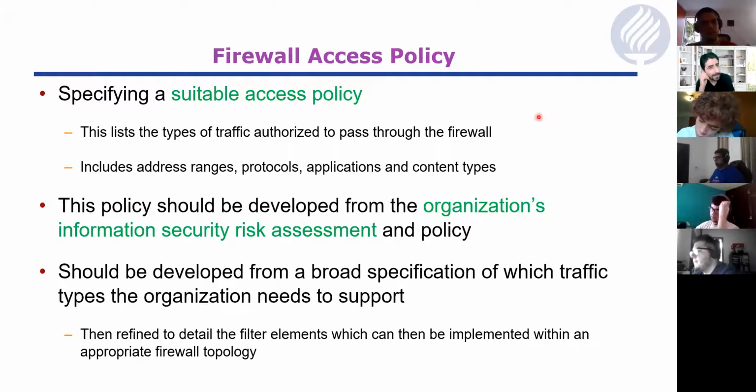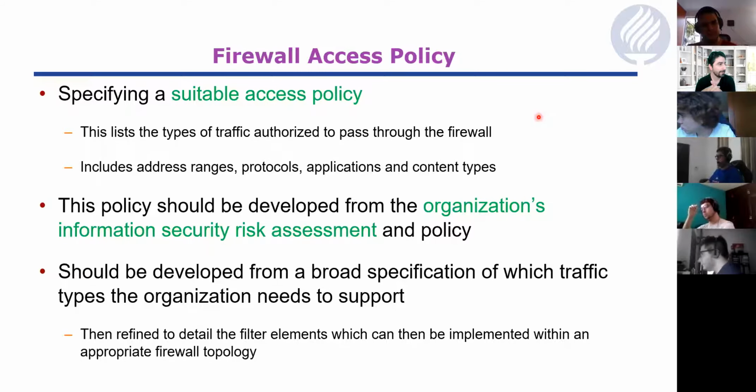So, specifying a suitable access policy, okay, we already talked about access policies before. Specifying a suitable access policy is very important. Basically, it can be a critical component for planning and implementation of your firewall policy.